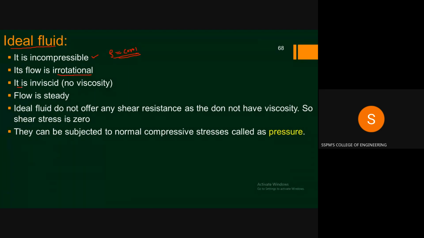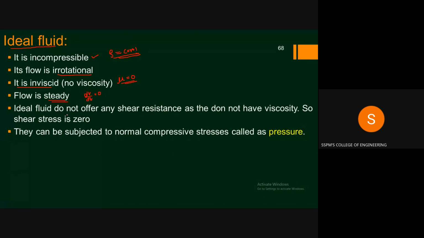An ideal fluid is considered inviscid, meaning the viscosity of the ideal fluid is zero. Then the flow is steady. The meaning of steady flow is that there is no change in the properties of the flow with respect to time. So if velocity is one parameter, then the change in the velocity with respect to time for the ideal fluid will be zero.